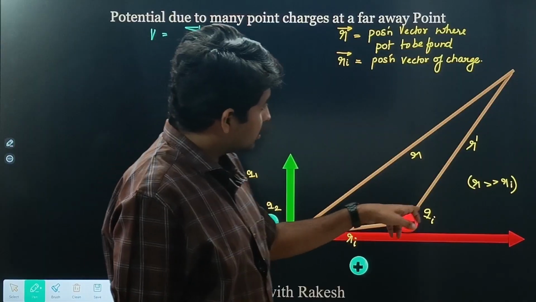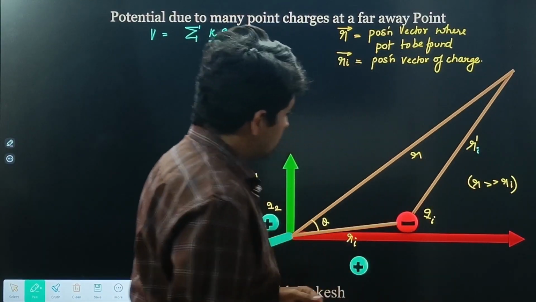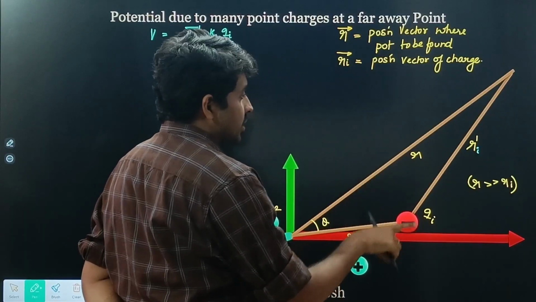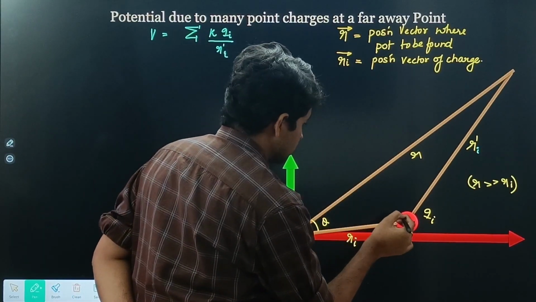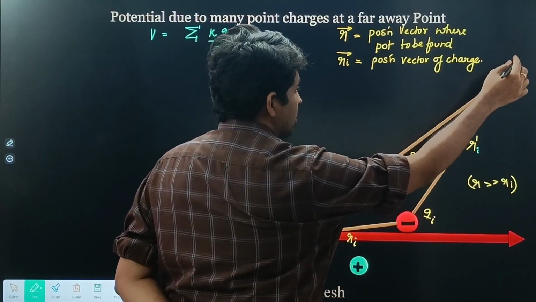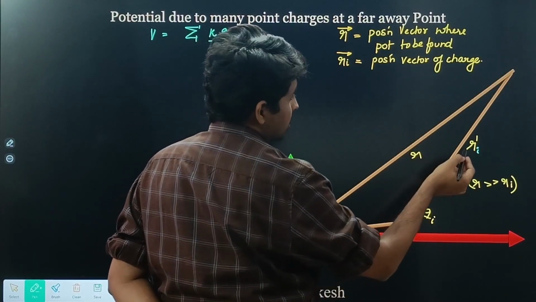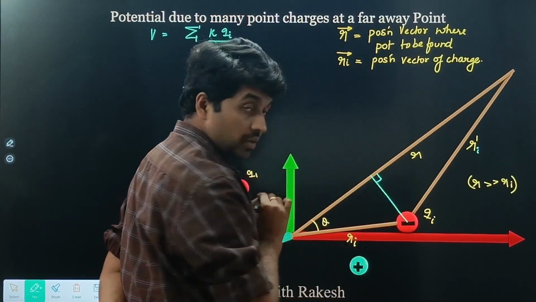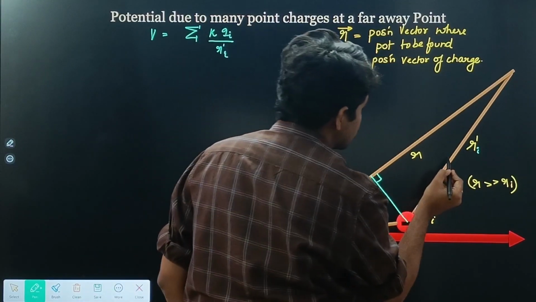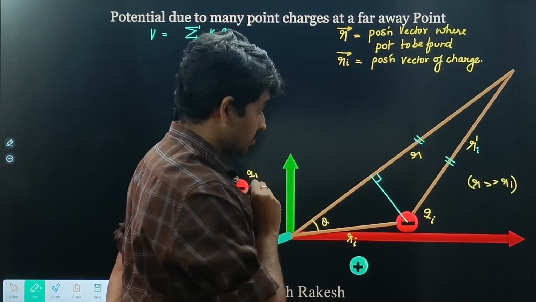Now, this is Ri dash. Now I want everything in terms of R and theta. We know that this is very large compared to this. So to find what this is in terms of, I can directly draw a perpendicular here. Both sides are equal.